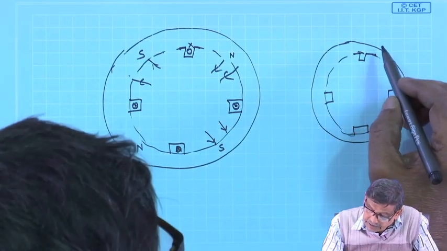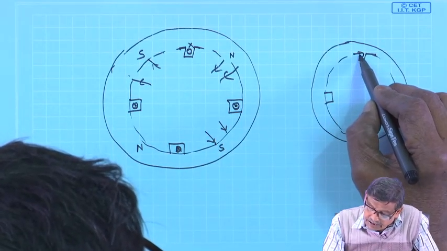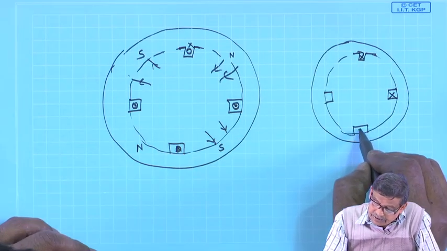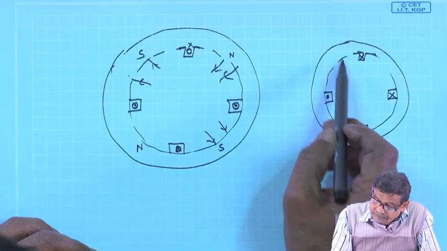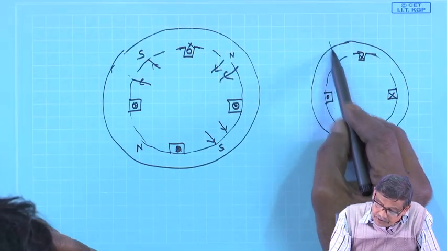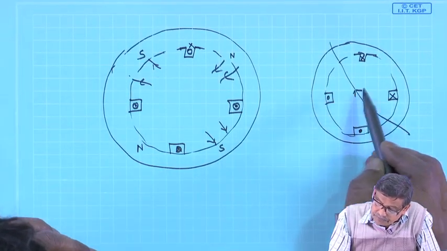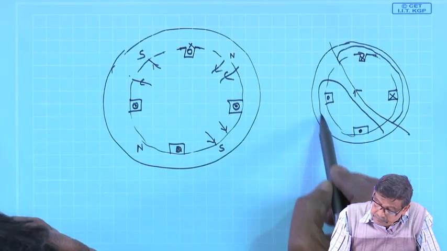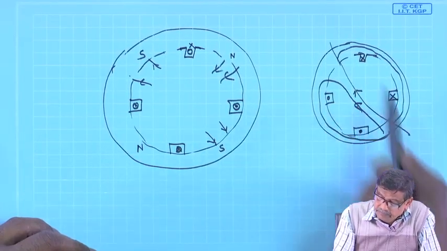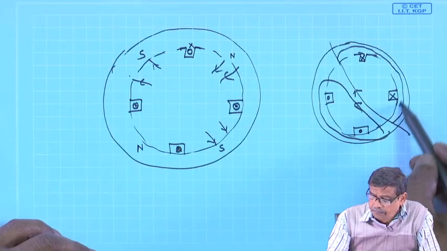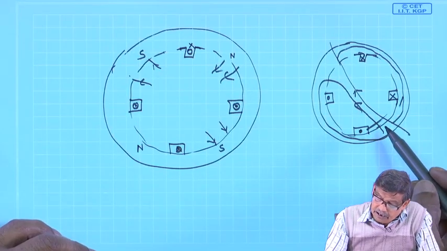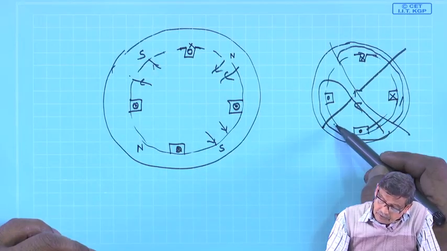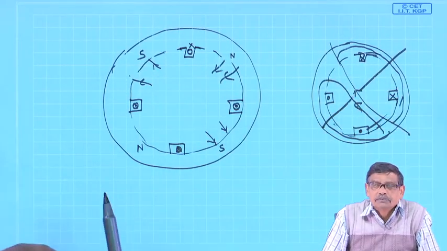Only make sure that when this carries cross, this also carries cross, and these two carry dot and dot. Then it will give you only 2 poles. This half will be north pole, that half will be south pole. So, it is possible.